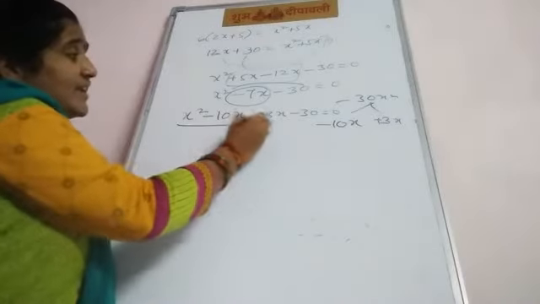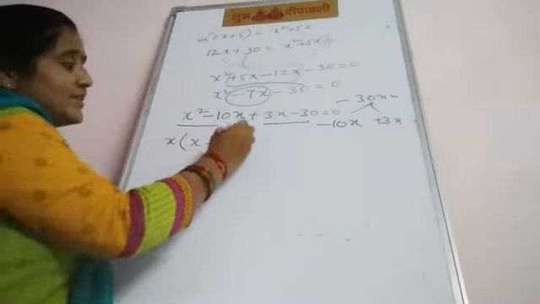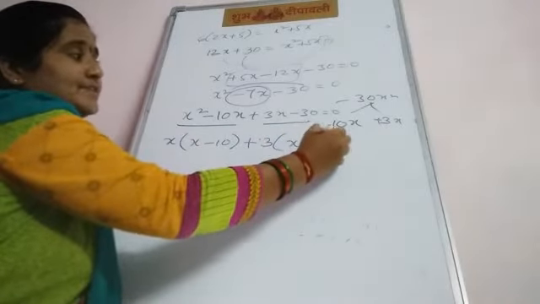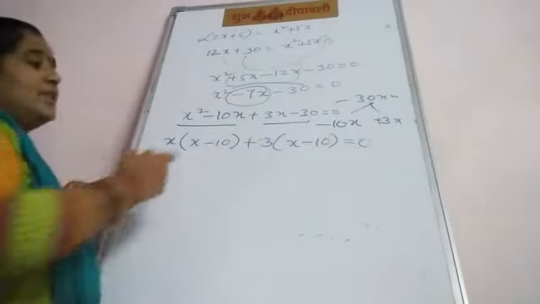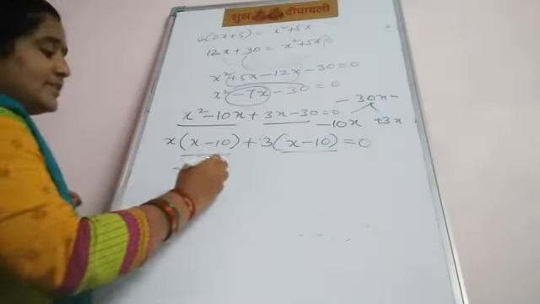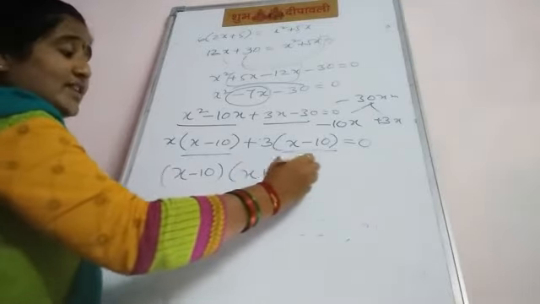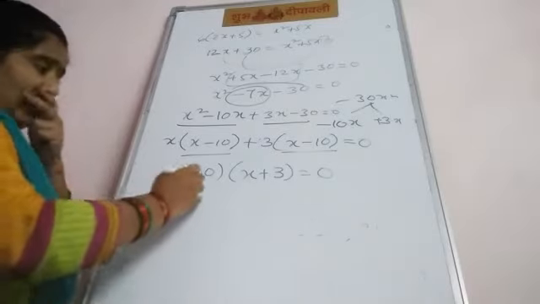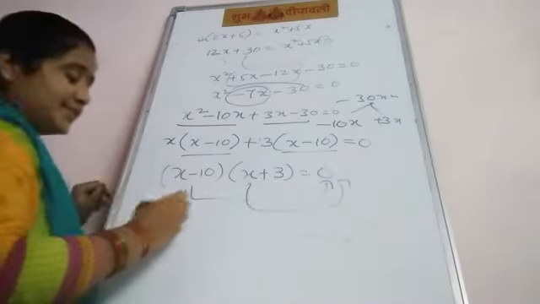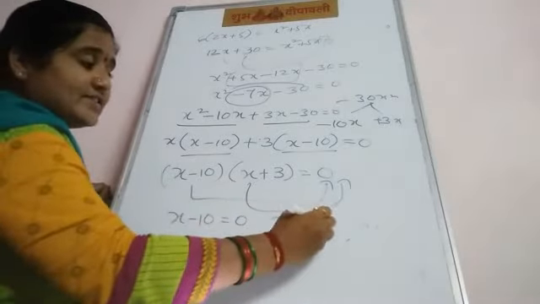Now we will make the groups. x into x minus 10 plus 3 into x minus 10 equal to 0. x minus 10 is common: x minus 10 into x plus 3 equal to 0. Now equate with 0. x minus 10 equal to 0, x plus 3 equal to 0.